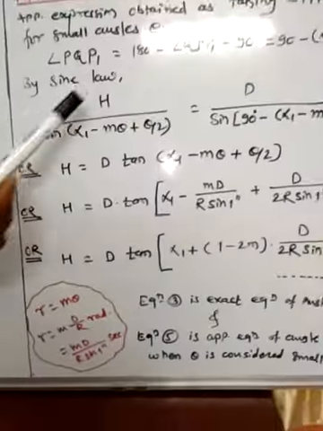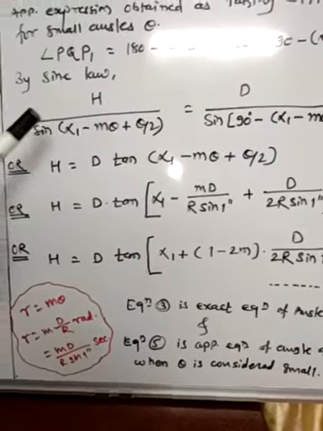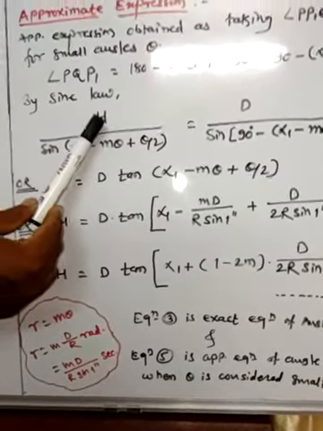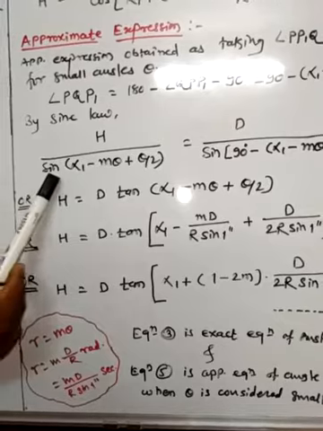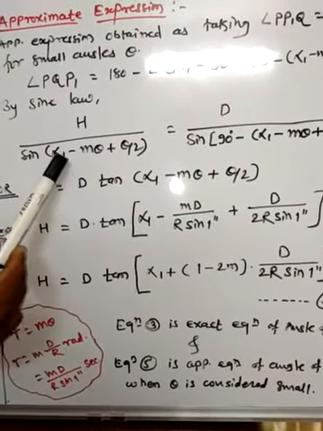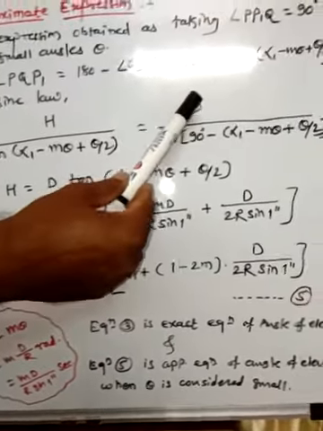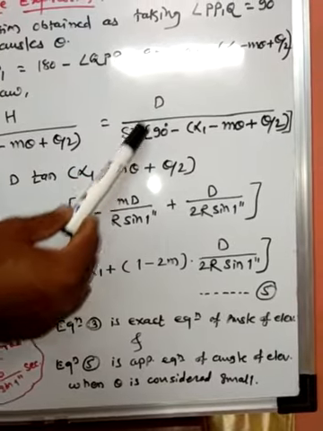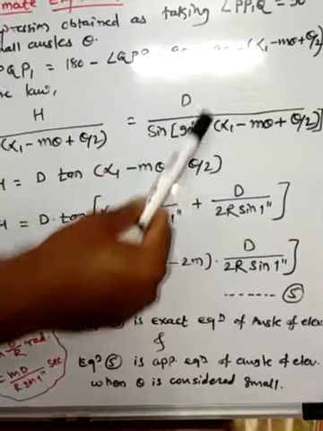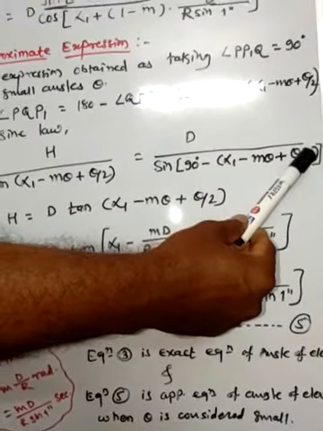Then again the same equation can be found by the sine law, and putting it in this form: QP1 equals H divided by sine of the QP1 angle, which is alpha 1 minus m theta plus half theta, equals P1, that is the horizontal distance, divided by sine of angle PQ1, that should be 90 minus (alpha 1 minus m theta plus half of theta).